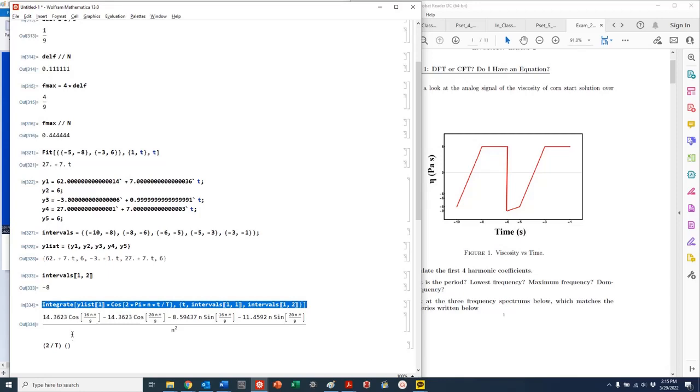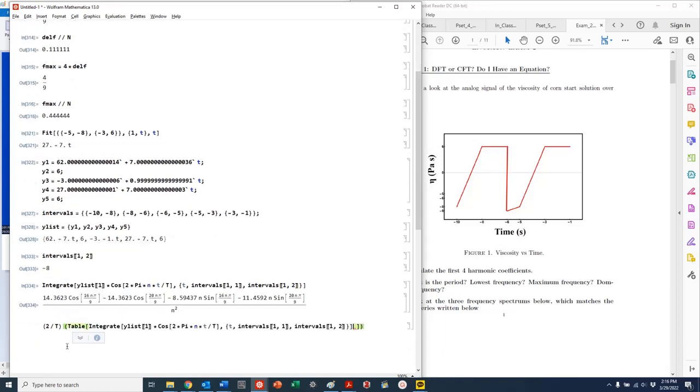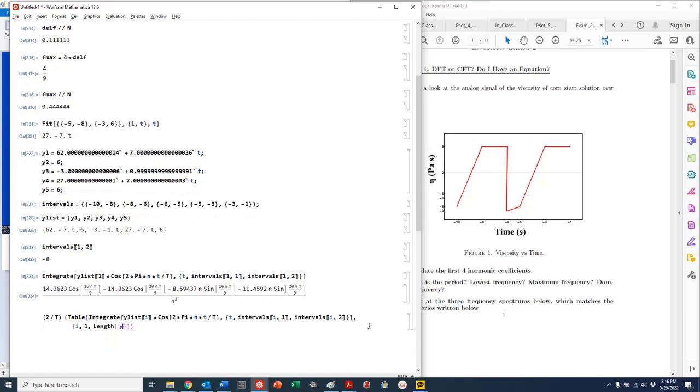So I'm going to do a table of those values, where I goes from 1 to the length of my Y list.